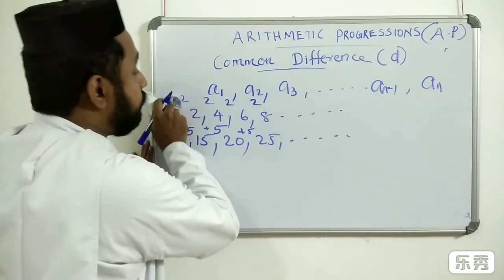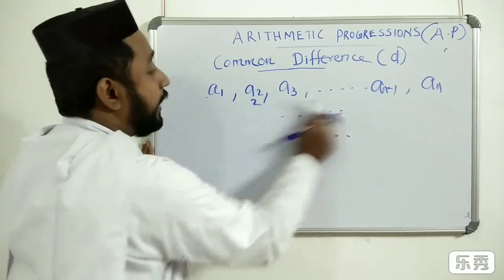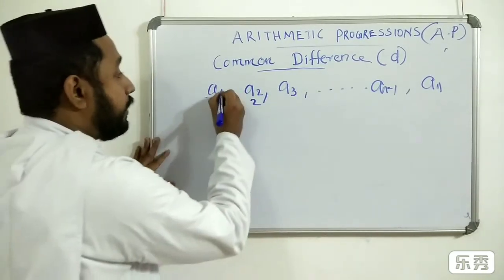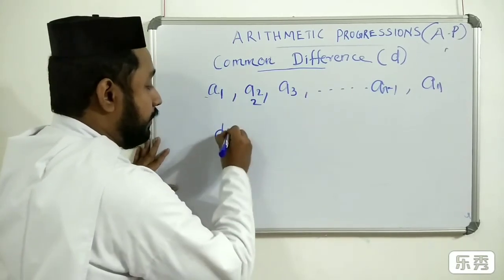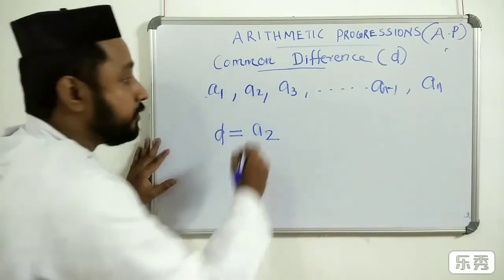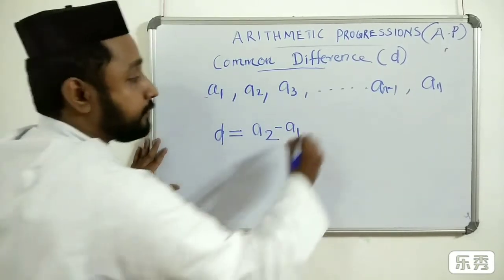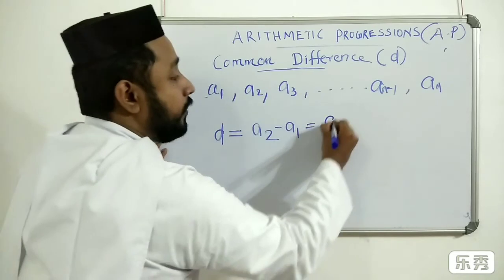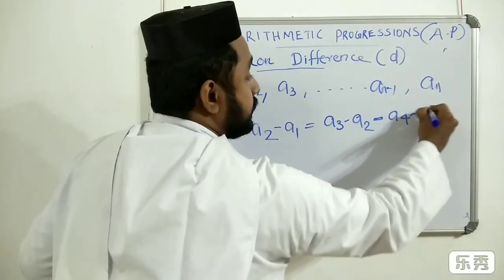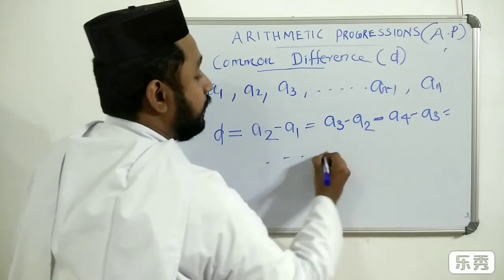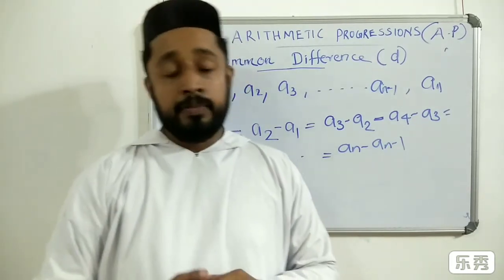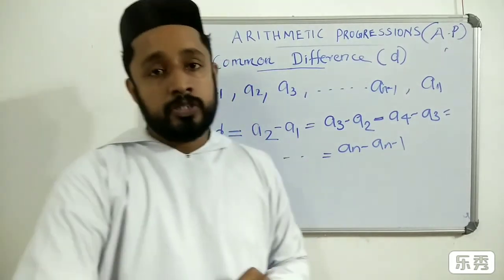So in general, if a1, a2, a3, etc., a(n-1), an are n terms of an AP, then the common difference D is equal to the difference between two consecutive terms: a2 minus a1, or a3 minus a2, or a4 minus a3, etc., an minus a(n-1). So the common difference of an AP means the difference between two consecutive terms.